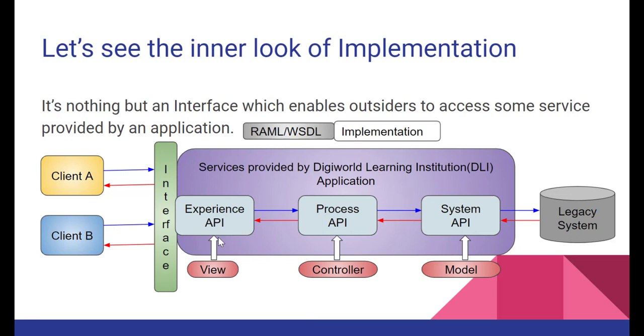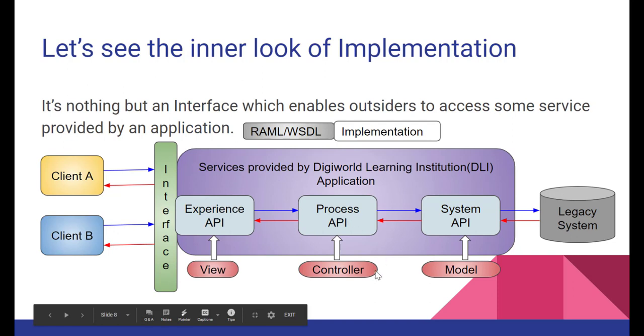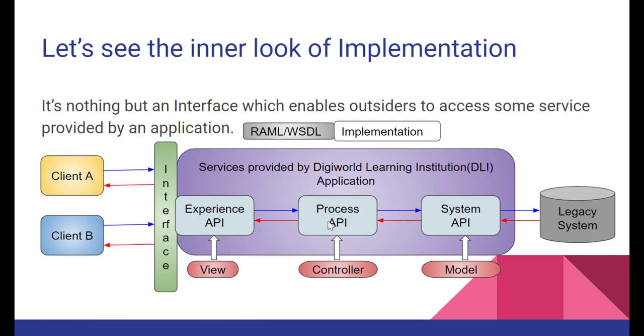So the experience API basically describes the format of the data which we are about to expose to the outside world. The process API basically controls which systems need to be checked for particular data, or from where we need to gather the data.